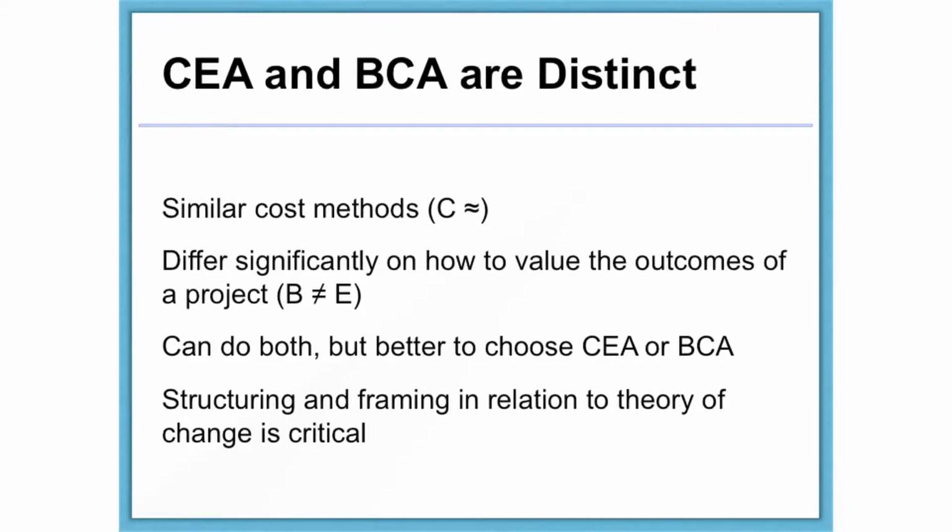Now, we're going to make our first clear distinction between cost effectiveness and benefit cost analysis. They use similar cost methods, but they differ significantly in how you're going to value the outcomes of a project. In other words, the benefits are not the same as the costs in all sorts of ways. And so then this raises a question of which one you are going to do, cost effectiveness analysis or benefit cost analysis?